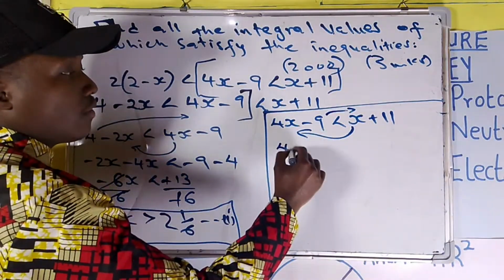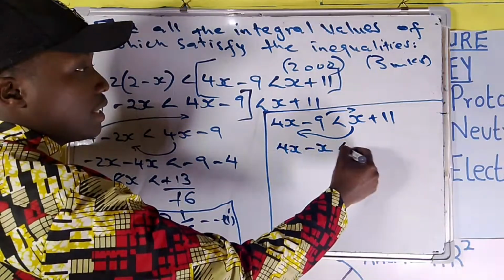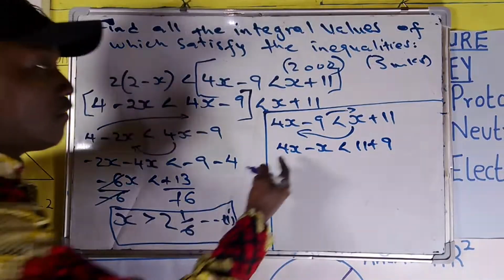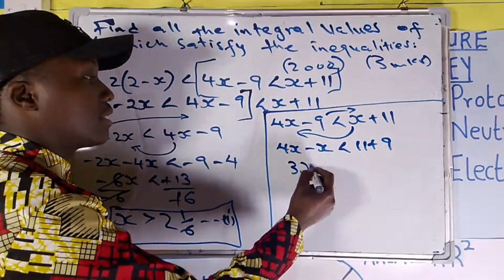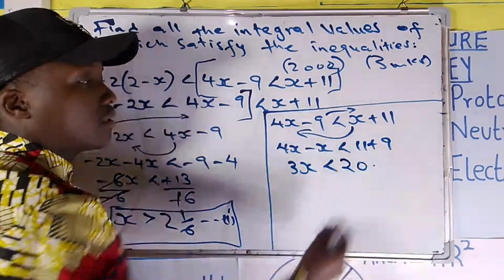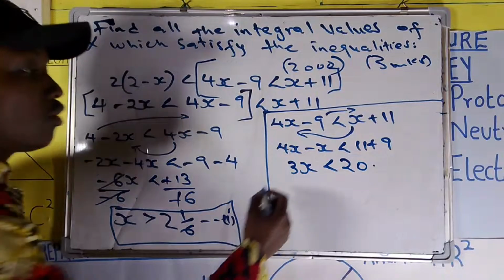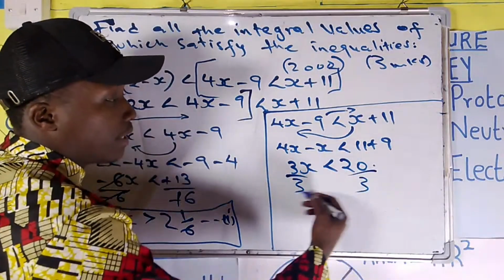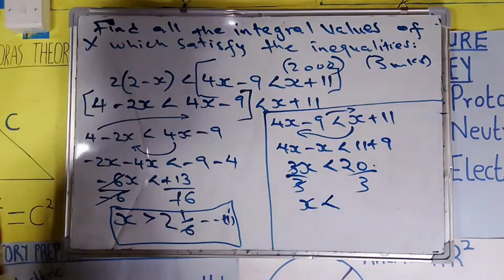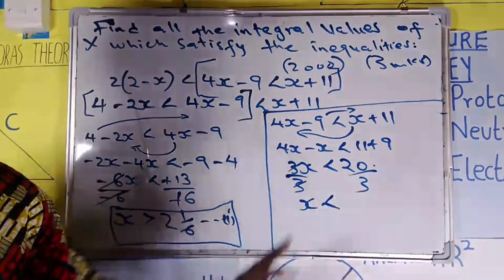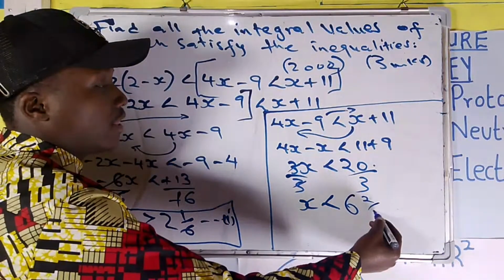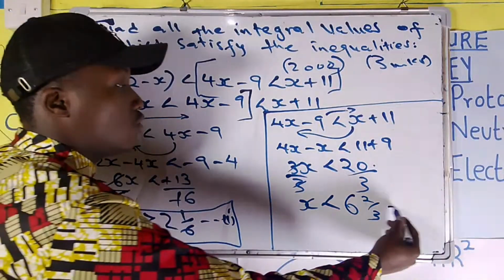So itakuwa 4x minus x is less than 11 plus 9. 4x minus x is 3x is less than 20. Tunataka kubaki na x, so we will divide by 3. We get x is less than 20 over 3, which as a mixed number is 6 whole 2 over 3.